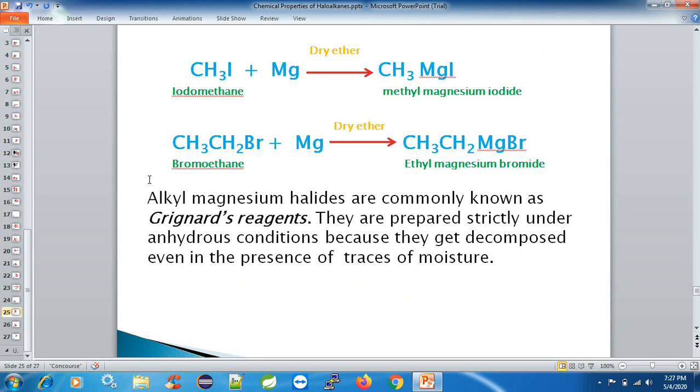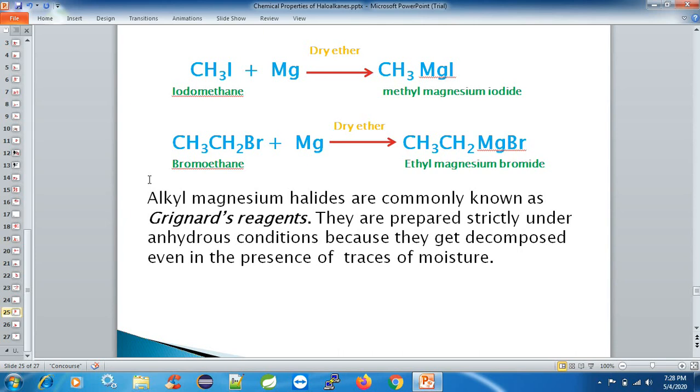Similarly, another example, when ethyl bromide reacts with magnesium in presence of dry ether, ethyl magnesium bromide is formed. So these alkyl magnesium halides are known as Grignard's reagent.